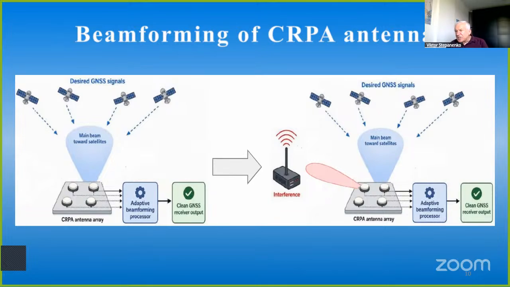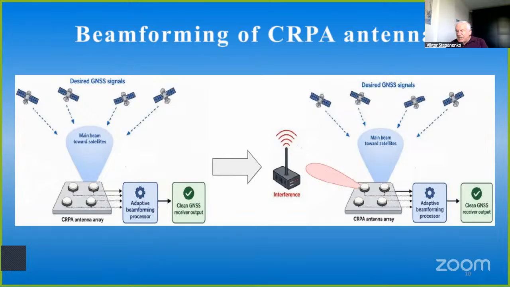Primary among the measures is using the Controlled Reception Pattern Antenna, CRPA. This antenna is a combination of several antenna elements. The received signals are jointly processed according to special algorithms.